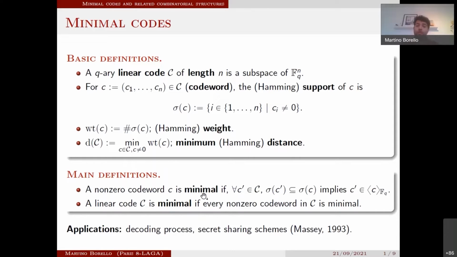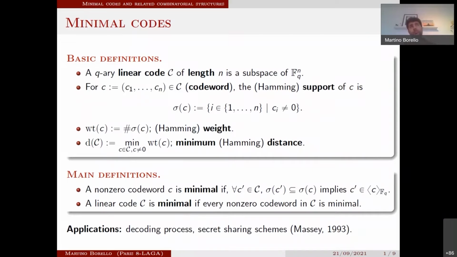A minimal codeword is a non-zero codeword c such that any other codeword which has support contained in the support of c is a scalar multiple of c. So it is minimal with respect to the support. And a code is called minimal if every non-zero codeword of C is minimal.